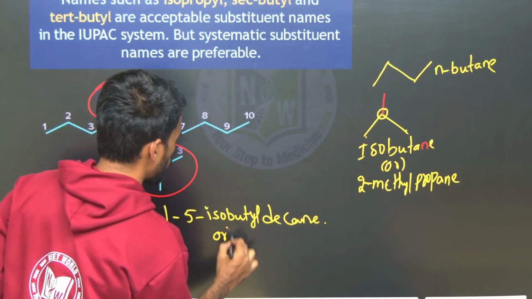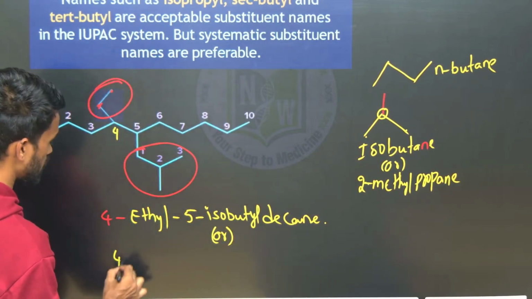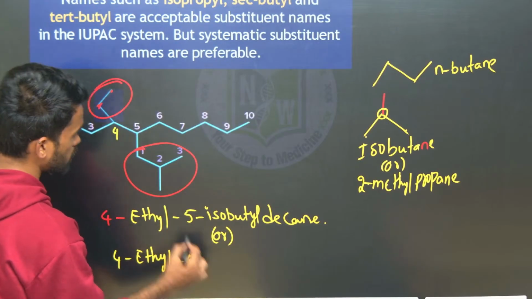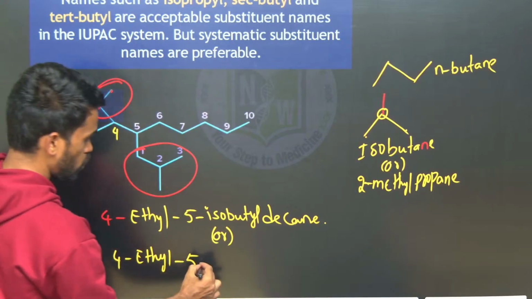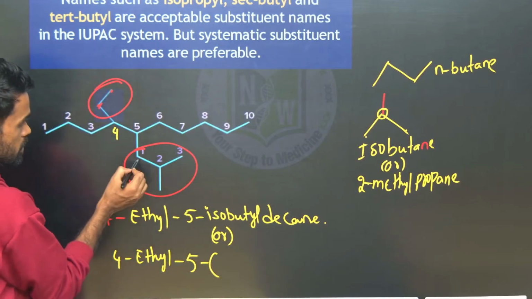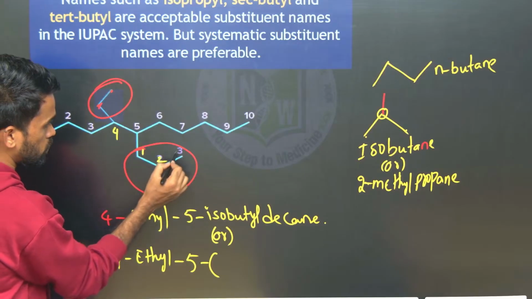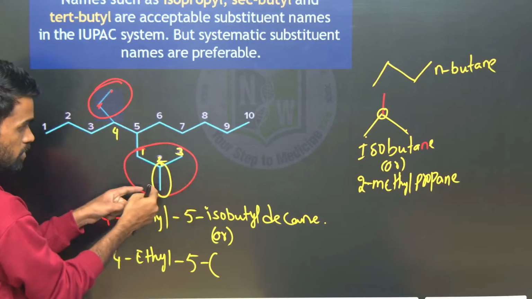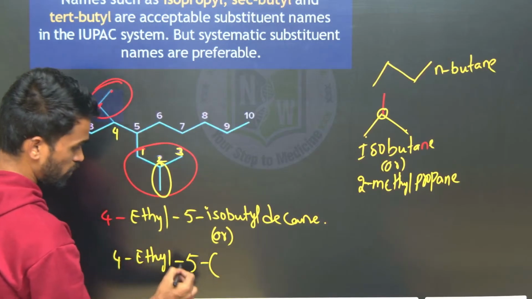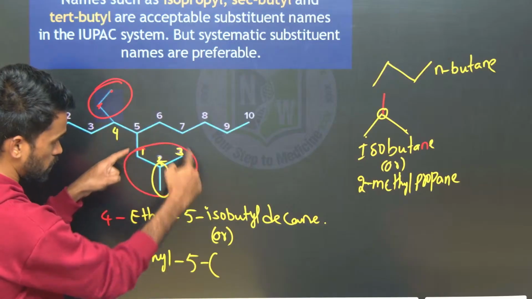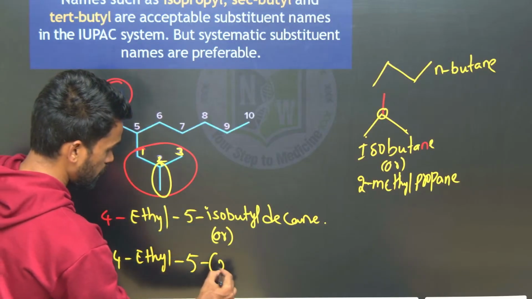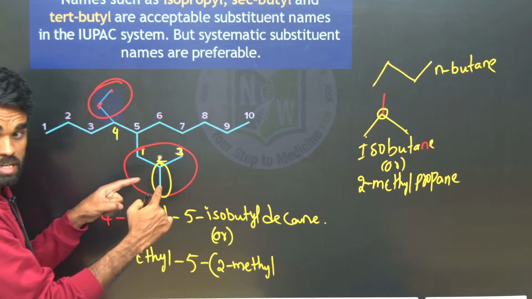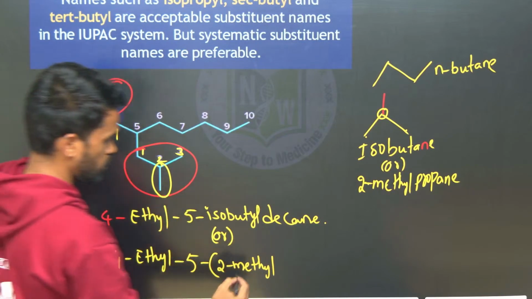Or you can also have one more name. What is that? 4-ethyl. Next, at 5th position we have a complex chain. Now open this bracket. See, now I am numbering this as 1, 2, 3. At second position what do we have on this subchain? Methyl. So 5, open the bracket. At 5th position we have this subchain, 2-methyl. You should not say propane, it should be propyl. 2-methyl propyl.